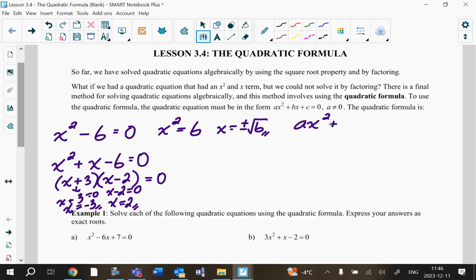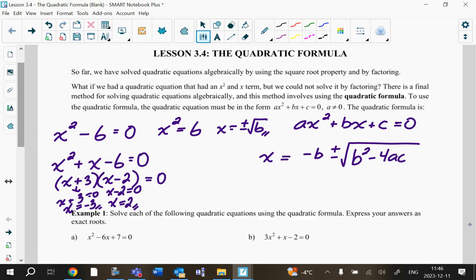If you're given a quadratic equation that looks like this, ax squared plus bx plus c is equal to 0, you can find x by doing the negative of the b value plus or minus the square root of the b value squared minus 4 times the a times the c value, divided by 2 times the a value.